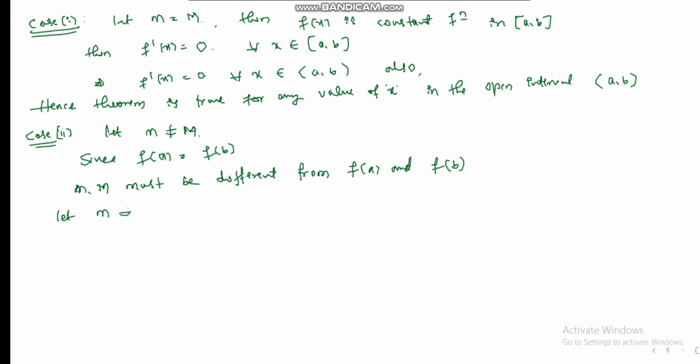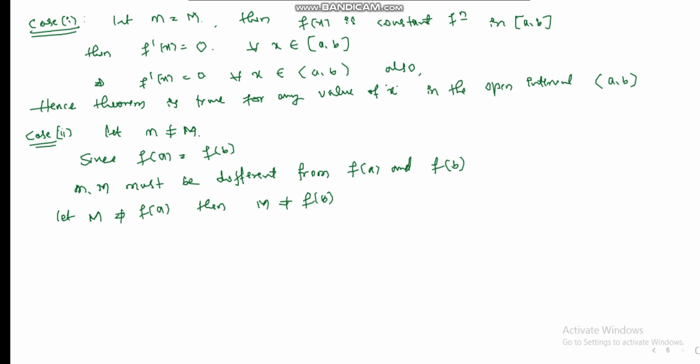So we are taking capital M first here, the supremum. The supremum M is not equal to f(a), and the supremum is not equal to f(b), because f(a) is equal to f(b). That's why capital M is not equal to f(a) as well as f(b).